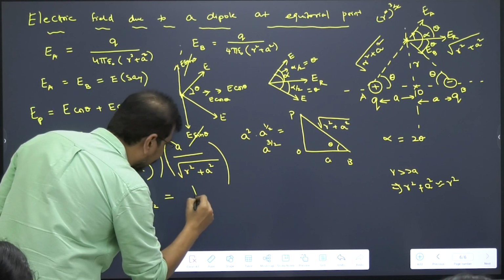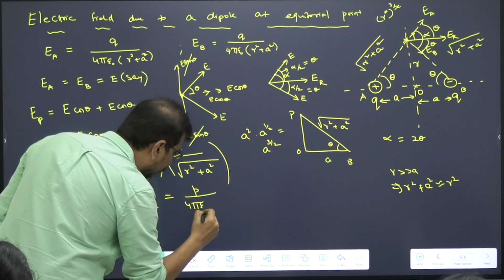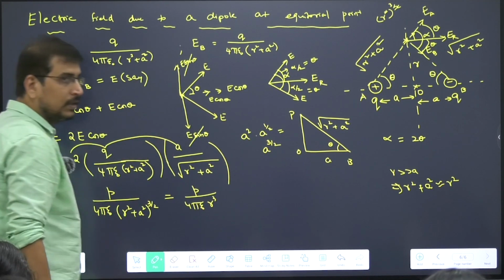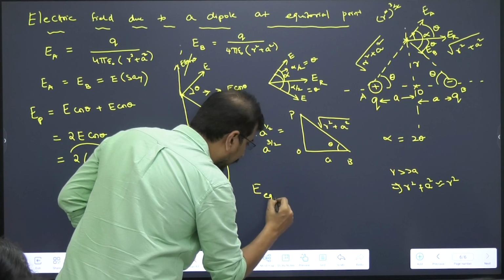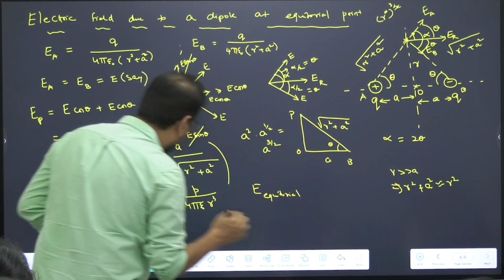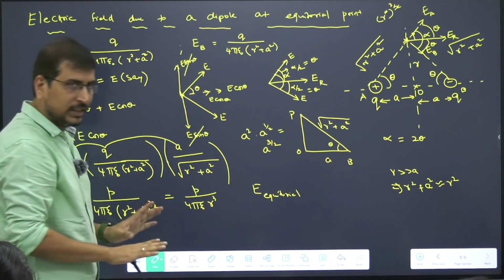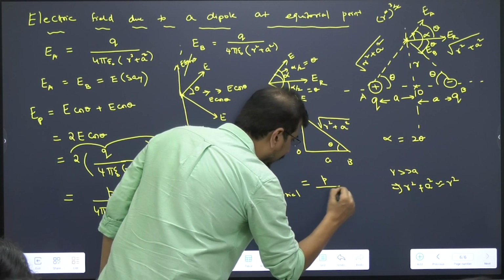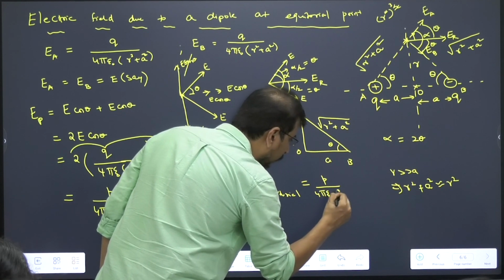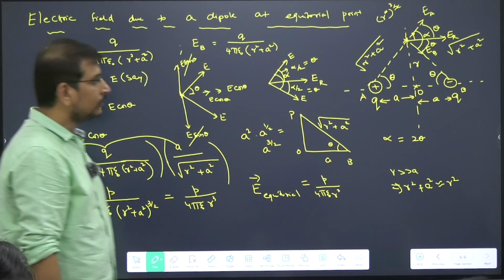So what will be the answer? It will be P divided by 4 pi epsilon naught R cube. And now if I replace EP with E equatorial, they both mean the same. So if I write it as a vector quantity, then it will be P divided by 4 pi epsilon naught R cube. Now look at the direction.